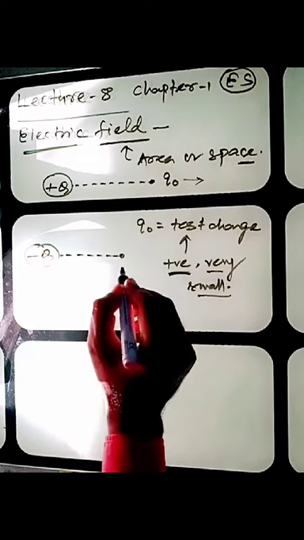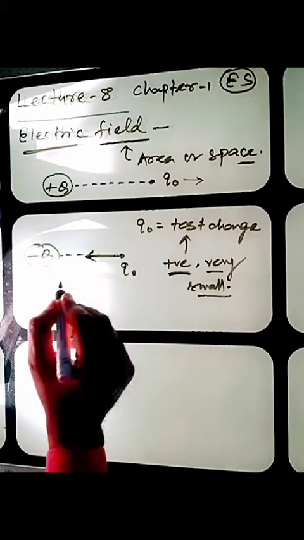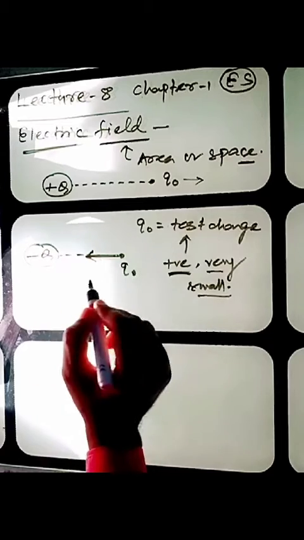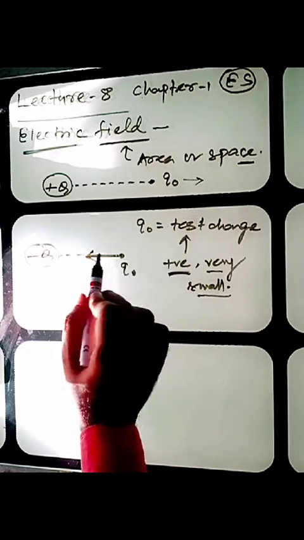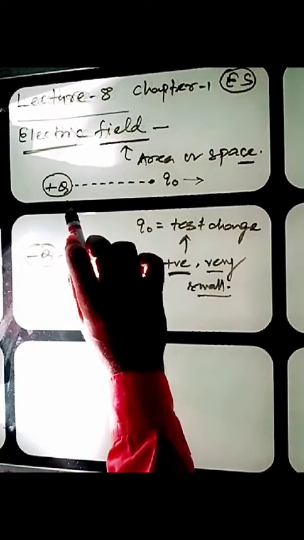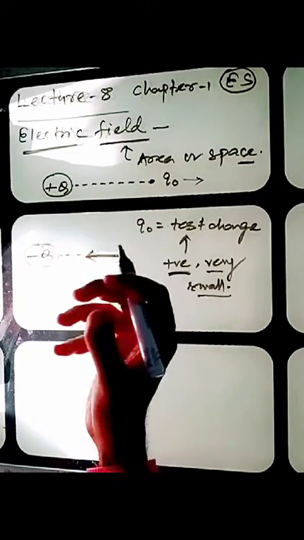If you place a test charge over here, it will start attracting towards this charge. Easily you can say this is repelling and this is attracting. That's why this charge Q naught is placed somewhere.